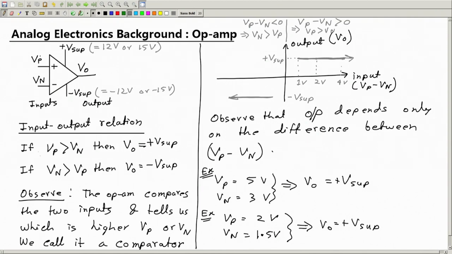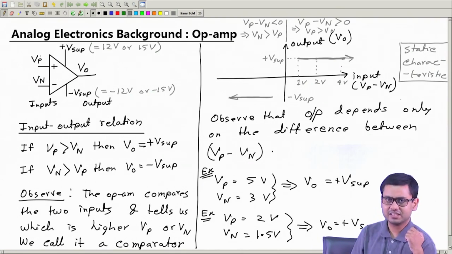The same two-line fact, that if VP is higher, output is positive, and if VN is higher, output is negative, can also be represented graphically, pictorially with this diagram. And this diagram we call the static characteristic. Why static?